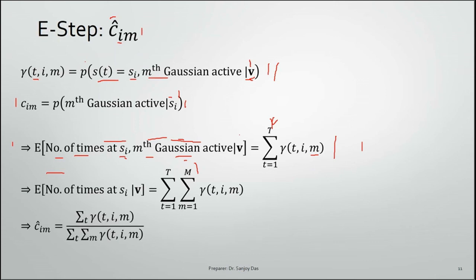So the ratio is, the numerator has the number of times at Si and mth Gaussian being active, and the denominator has the number of times at Si simply. And so the ratio is the probability of the mth Gaussian being active given Si, and that's equal to the estimate of cim.